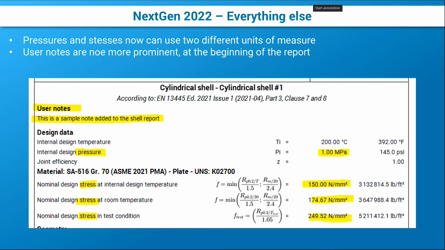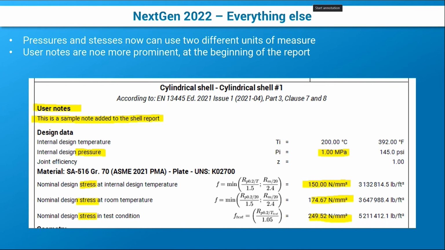And also the calculation notes are now more prominent at the beginning of the report. So if you add a calculation note to any component, it is now printed as the first section on top of the component report. This is more prominent and more visible to those who are reading your report.